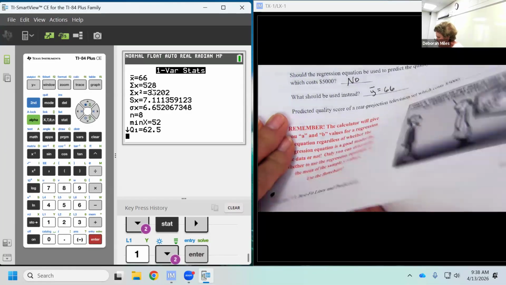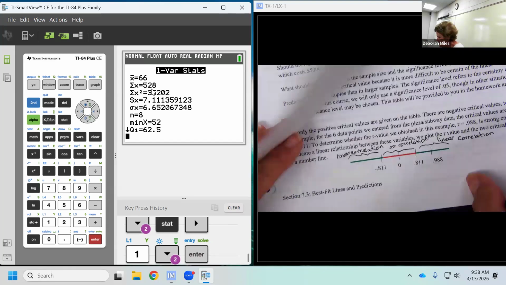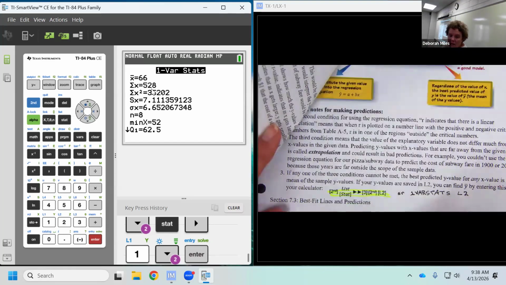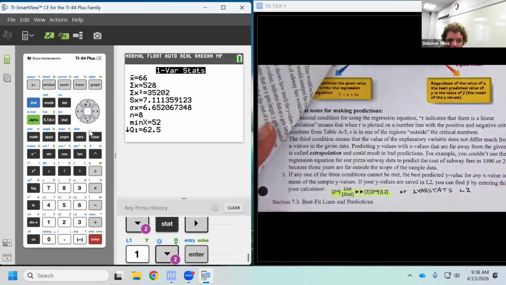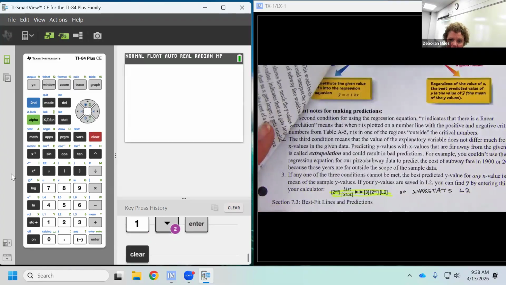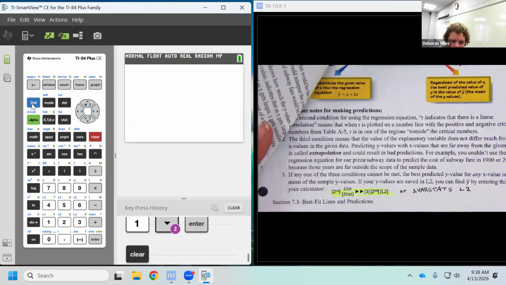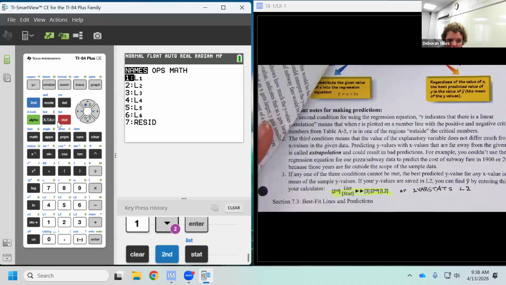If we use that other sequence that I typed for you, if we had gone second and stat, right above my stat key, it says list.